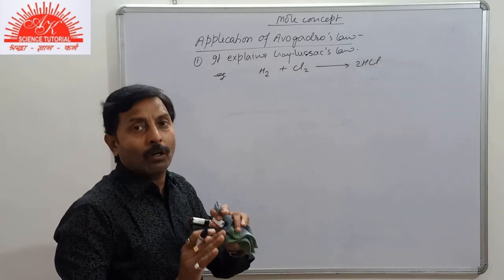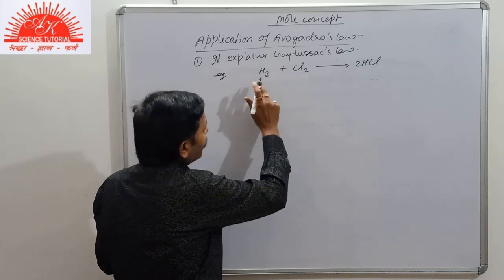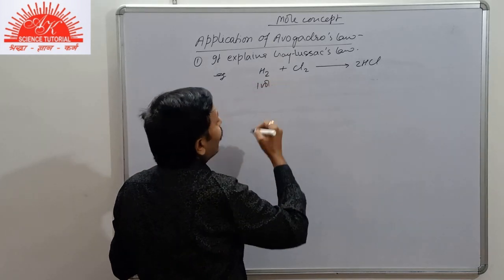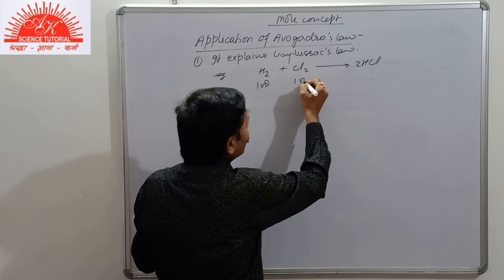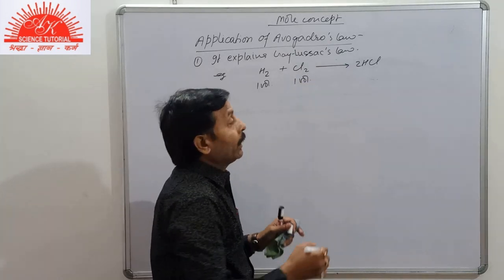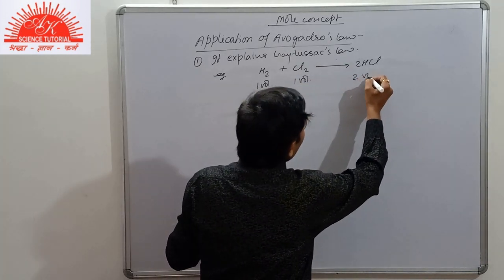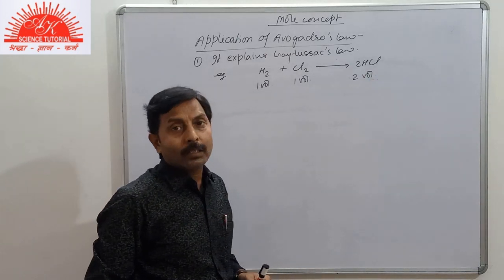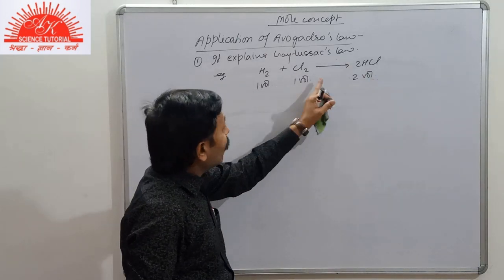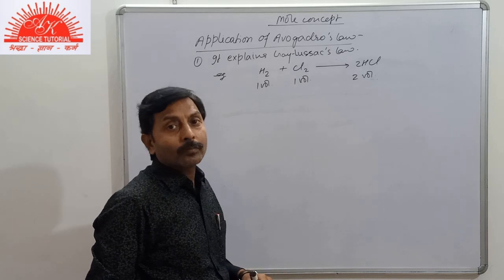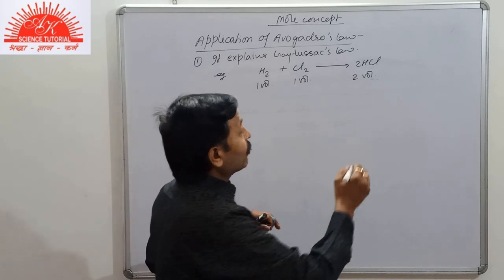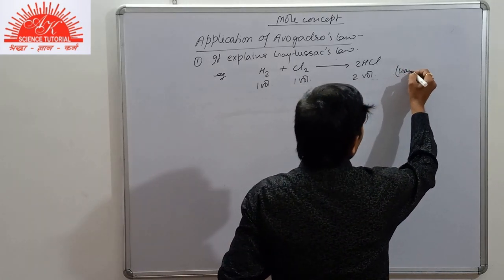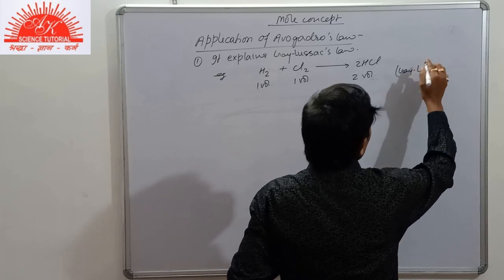Now we know that 1 volume of hydrogen reacts with 1 volume of chlorine, then it gives 2 volume of hydrogen chloride gas. This is according to Gay-Lussac's law.